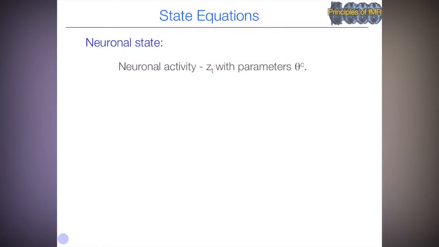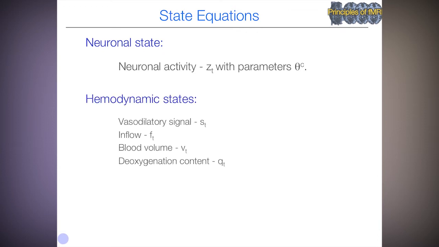Now, summarizing all this information, we have different state equations that we're going to be using in DCM. So we have the neuronal state, which is described by this neuronal activation Z of t, and these have parameters, we're going to call them theta of c. And then we have a hemodynamic state, which depends on s of t, f of t, v of t, and q of t.